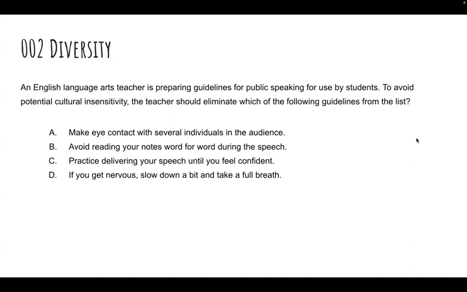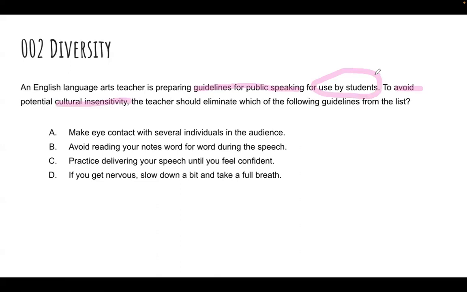To avoid potential cultural insensitivity, what should we remove from the list? The list is below. So we want to avoid cultural insensitivity, and we're doing guidelines for public speaking for use by students. The students are going to use these in order to achieve our expectation, to achieve mastery of whatever the learning objective is. So what will we eliminate?